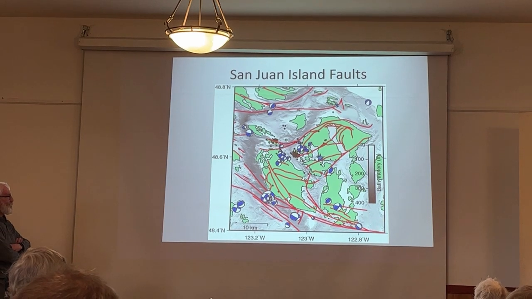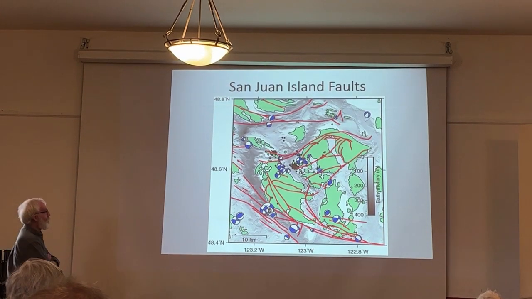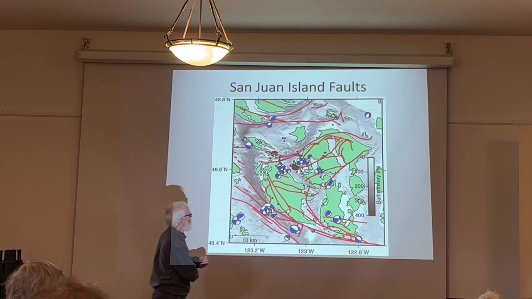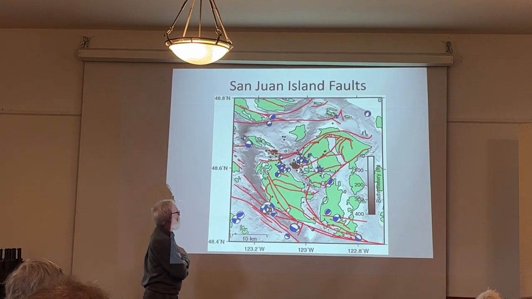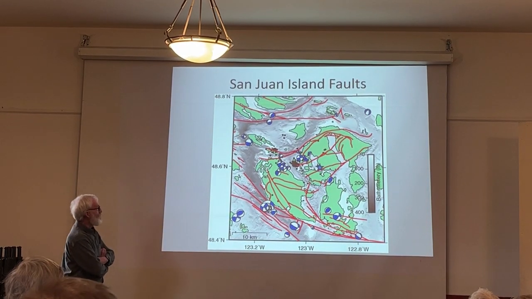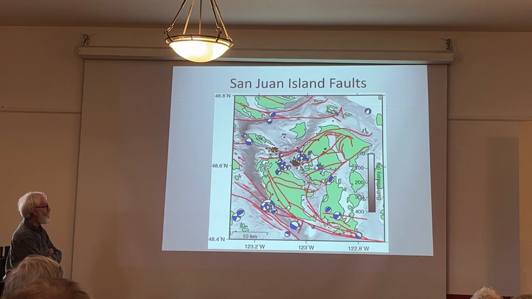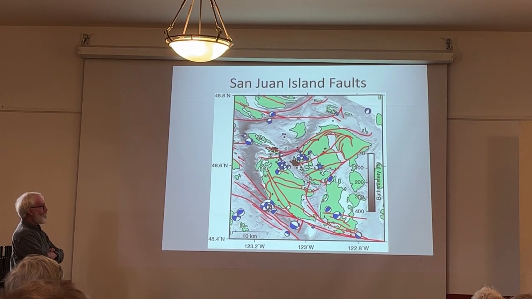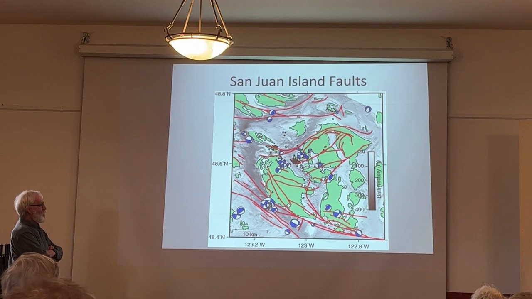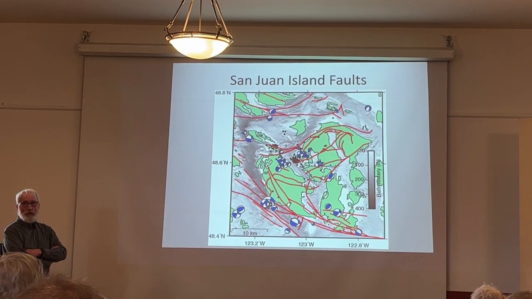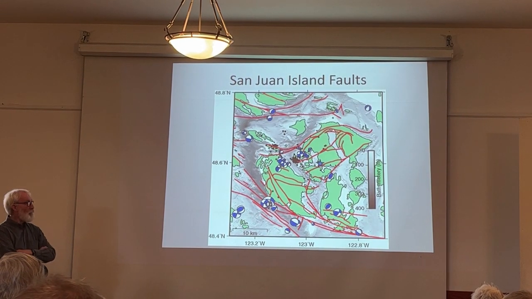Okay, here's the one I showed earlier. The star is Volga. And the Pacific Northwest Seismic Network says that that was on a new fault that hadn't been mapped previously.